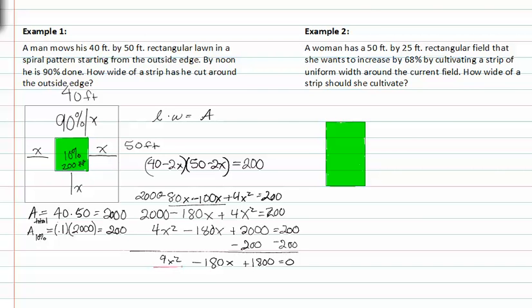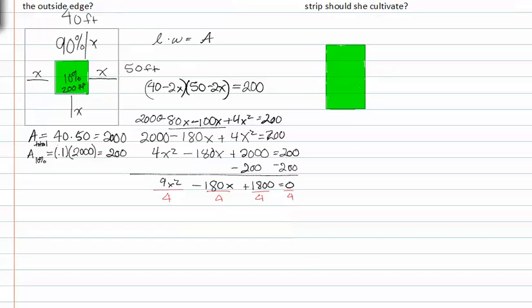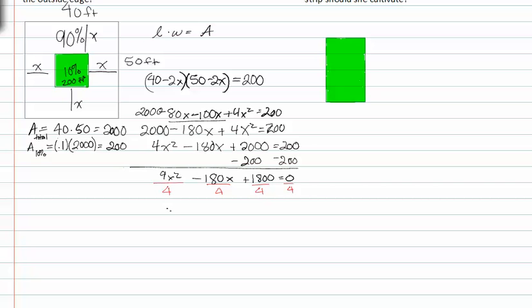We can divide out the common factor of 4 in all the terms in the equation, which gives us x squared minus 45x plus 450 is equal to 0. Factoring, we get x minus 15 and x minus 30.